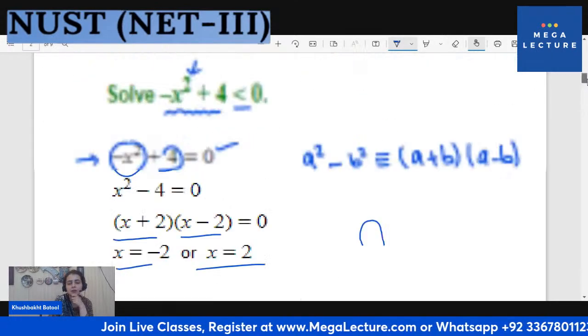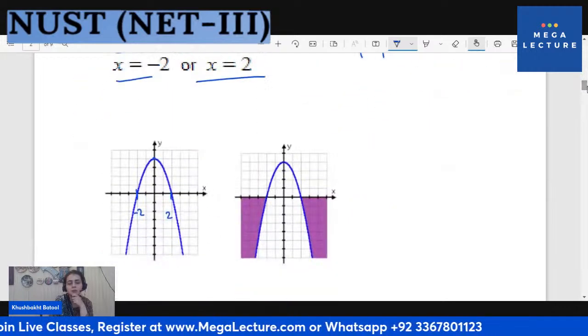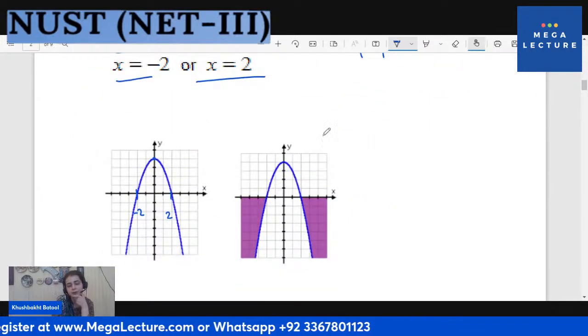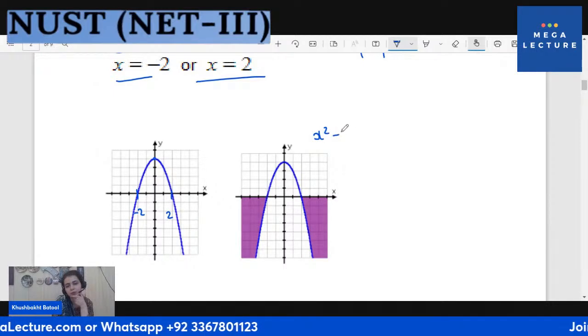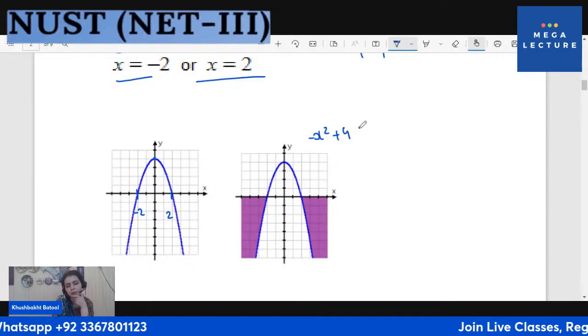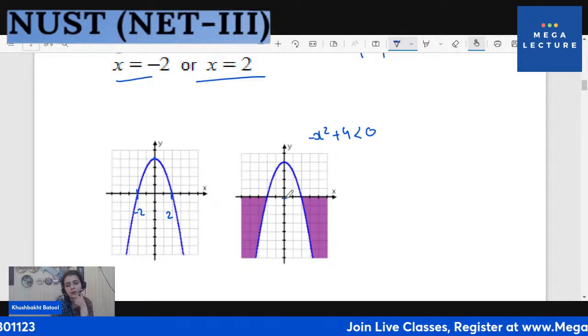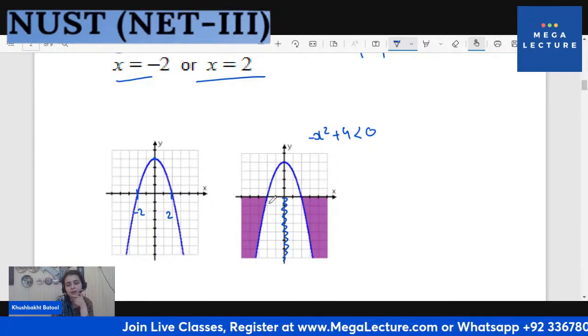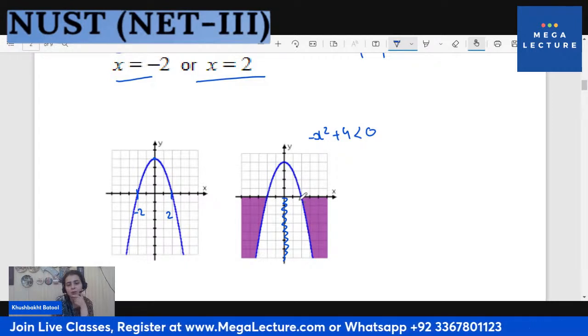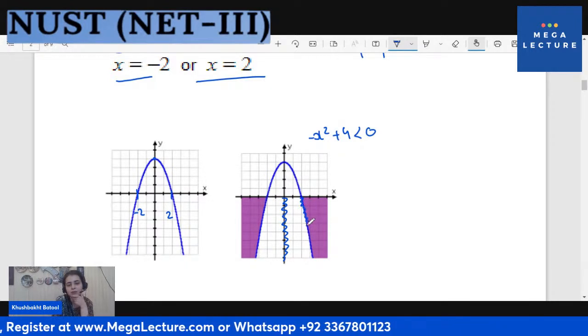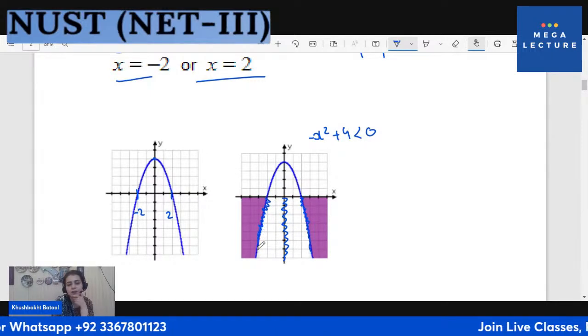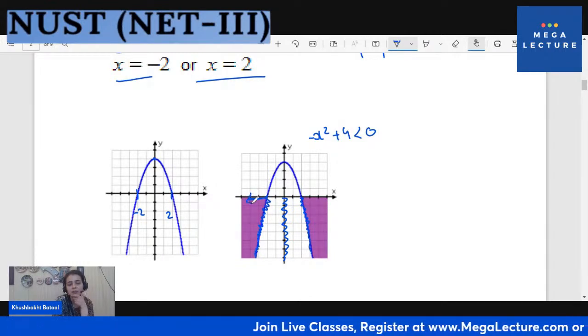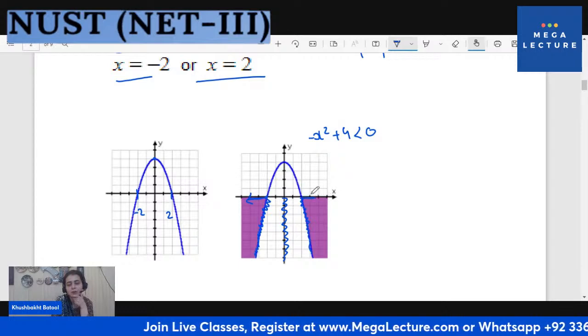The inequality was less than 0, so it is minus x squared plus 4 less than 0. So again, we will be talking about these values of y. For these values of y, we will be talking about these points. And if you look at the values of x, we are going to the left side and to the right side.